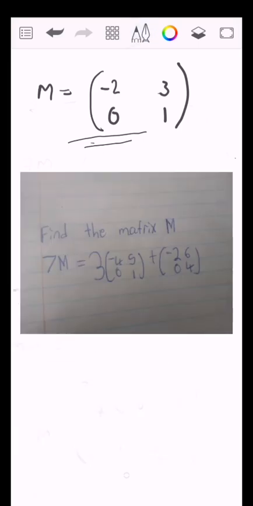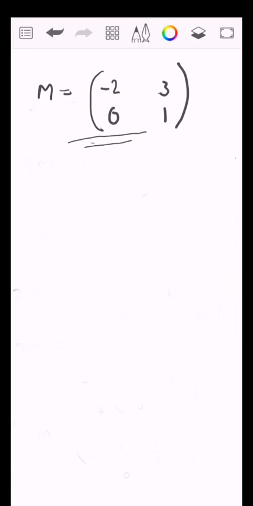So we are going to rewrite 7M is equal to 3, minus 4, 5, 1, 0, plus minus 2, 6, 0, 4.